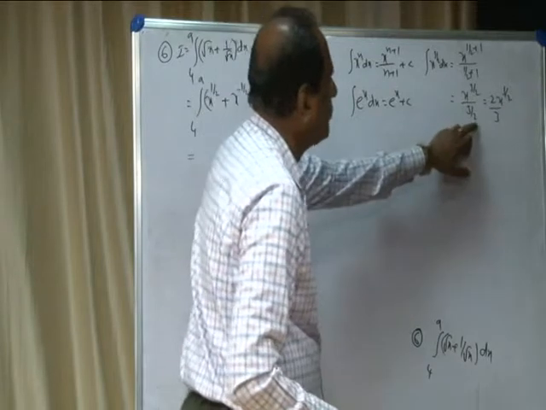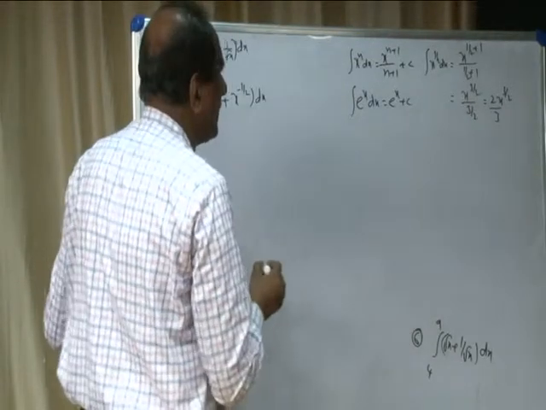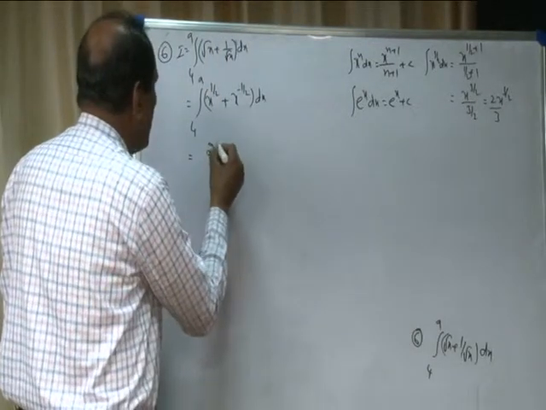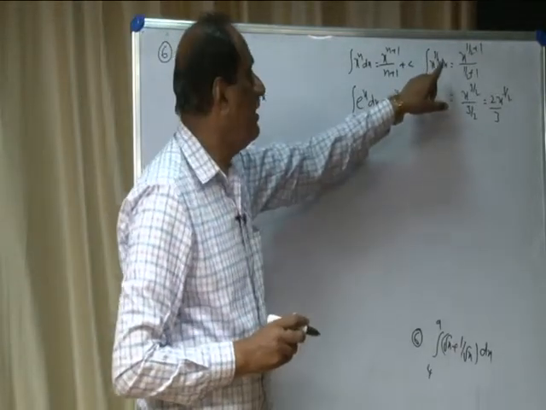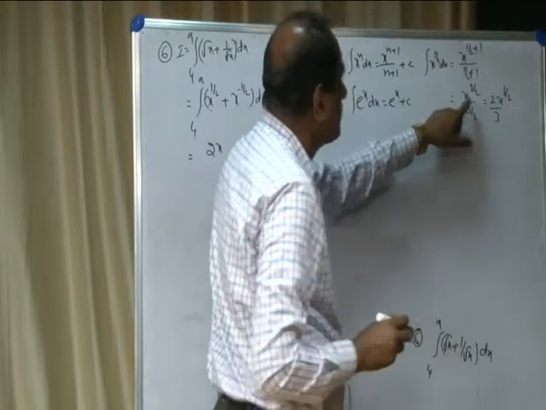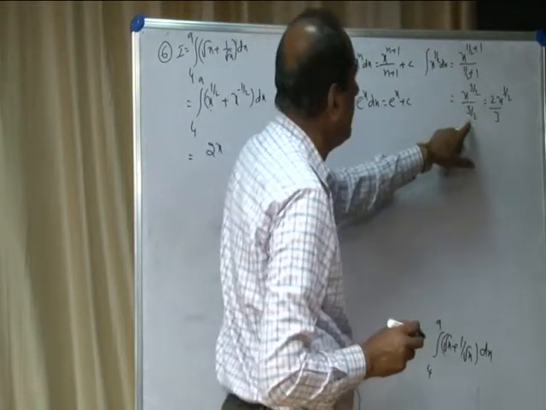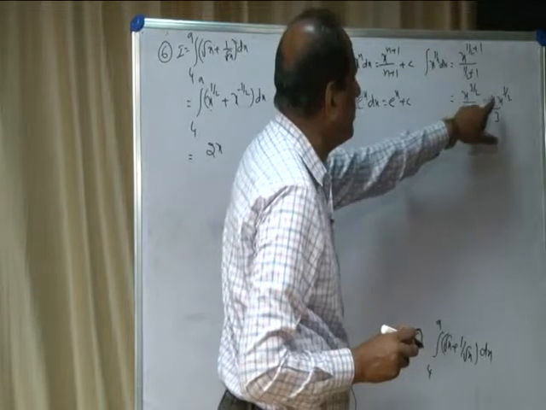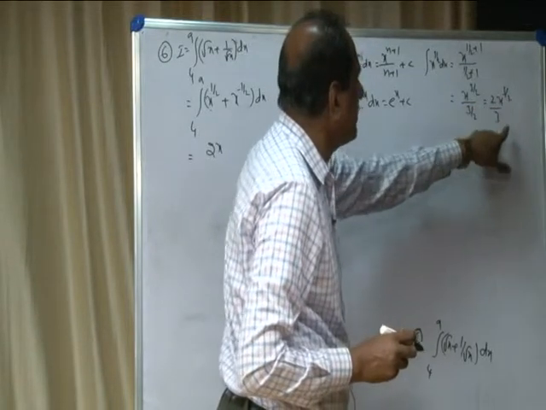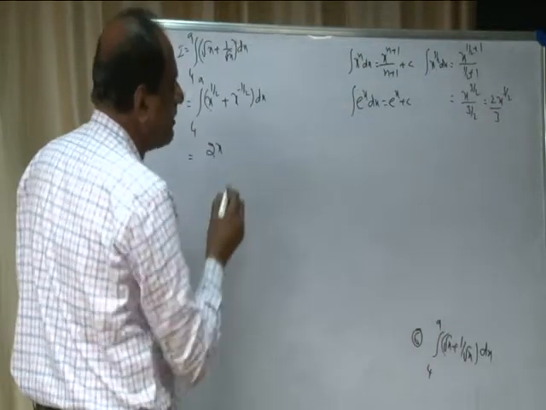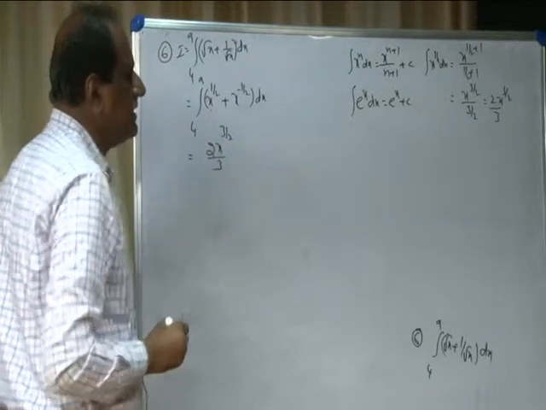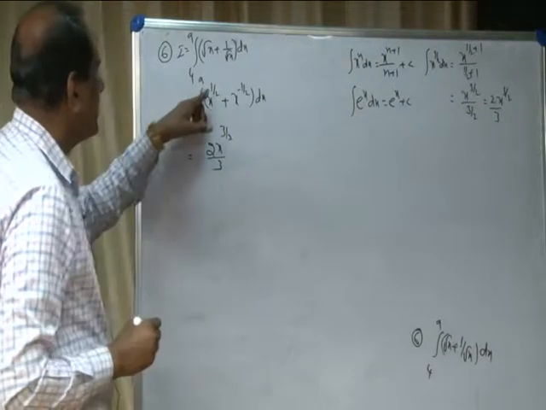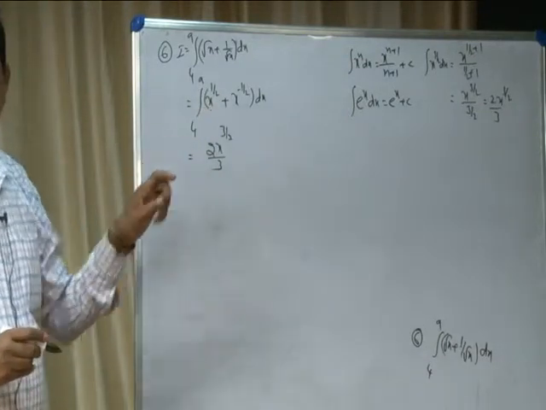Take this 2 to the numerator. So this is the integration of the first term, x power half.